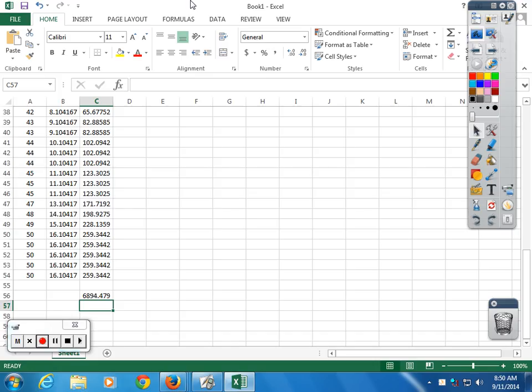I have just found the numerator. So the numerator, hold on, 6894.479 over, and what's the n? I'm sorry, what's the n? 48 minus 1 is?